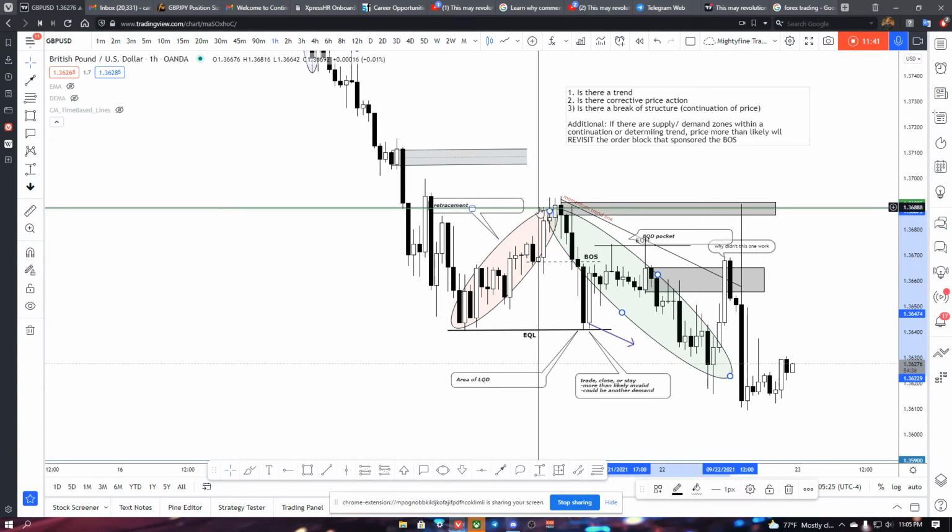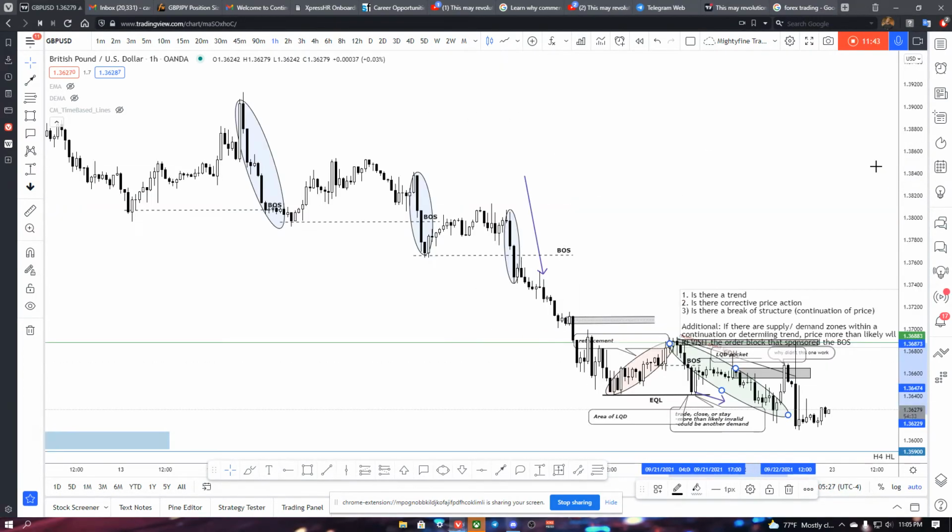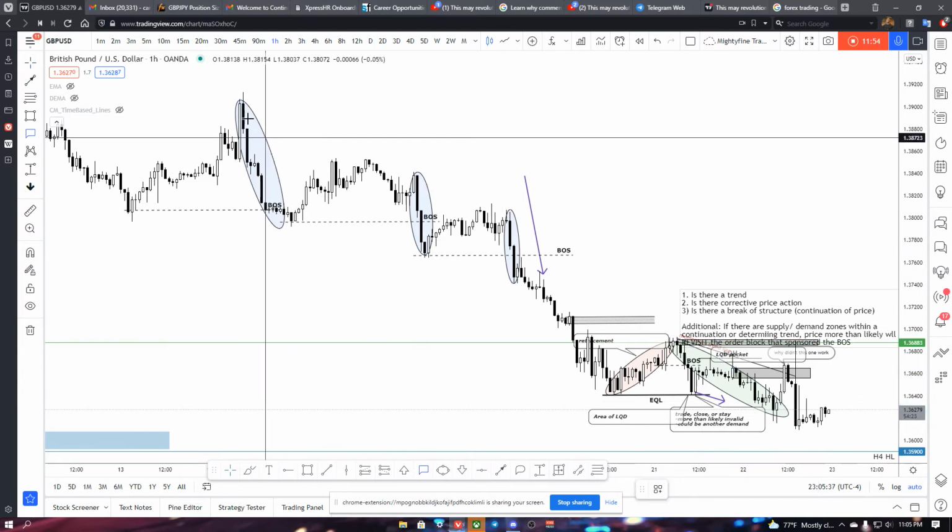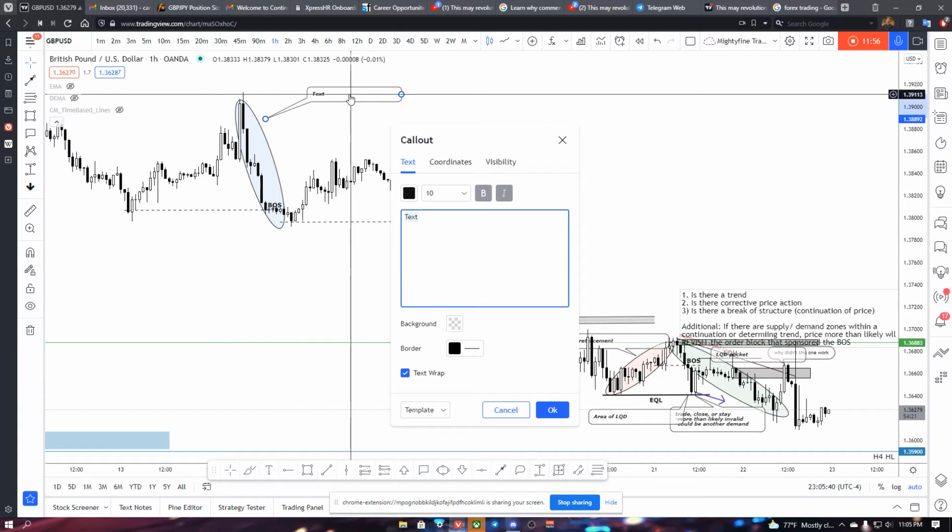Let's review the rules. Is there a trend? Yes, and we kind of confirmed the trend with the type of volume we're seeing from the breaks of structure, from these nice swing lows right here.